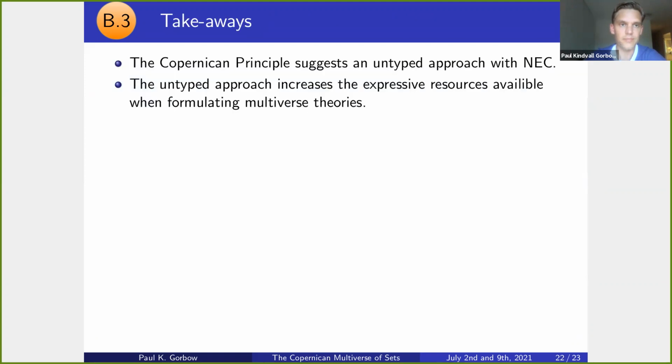Right, so moving on to the takeaways, summarizing. We have that this Copernican principle suggests an untyped approach to truth in the universe, what's here captured by the model relation with this necessitation rule.